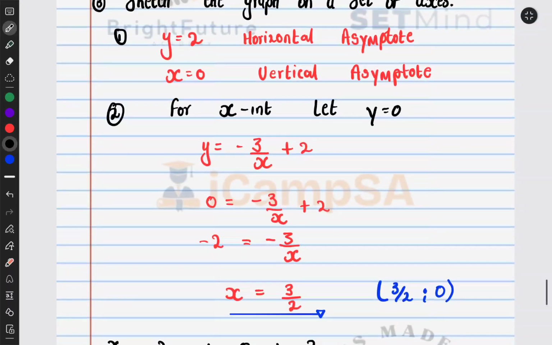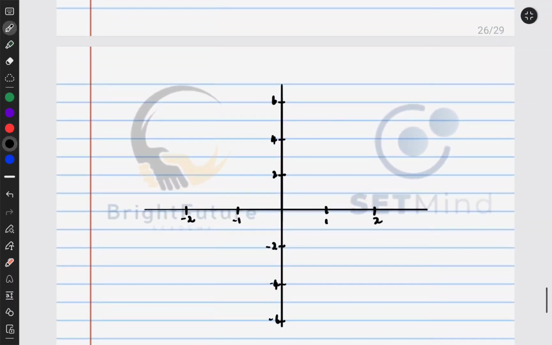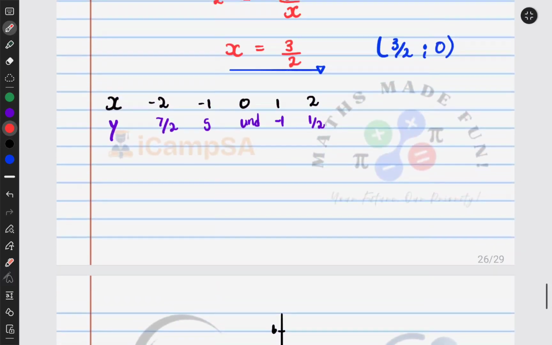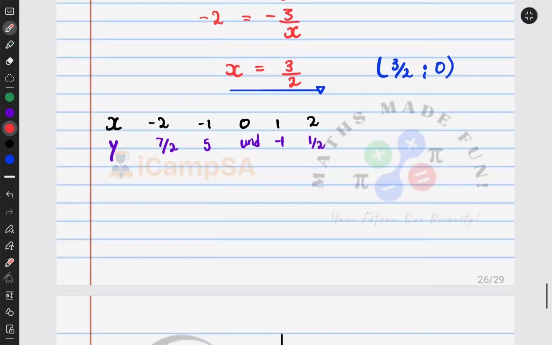Let's plot our asymptotes. The horizontal asymptote is y is equal to 2. So this is the line that our function will never touch. That's the asymptote, and we can just sketch the function.